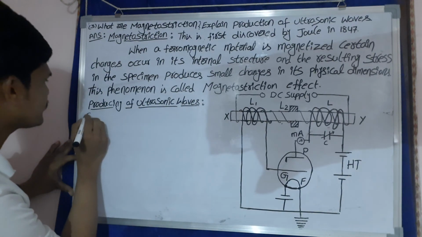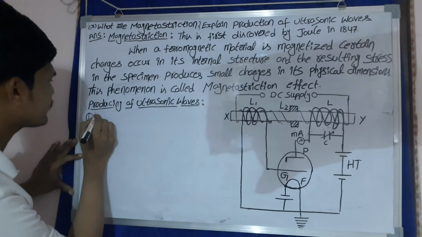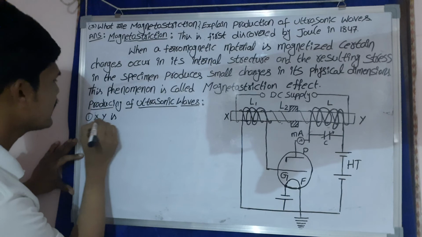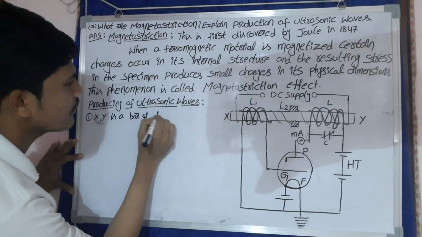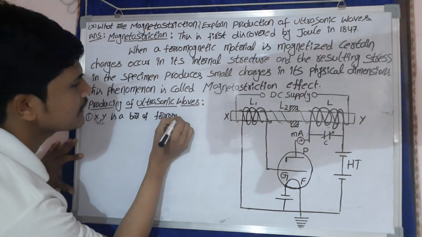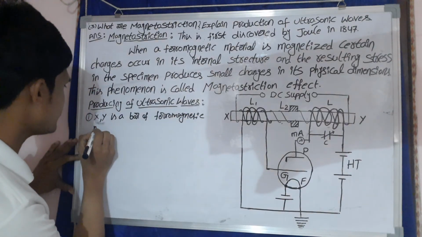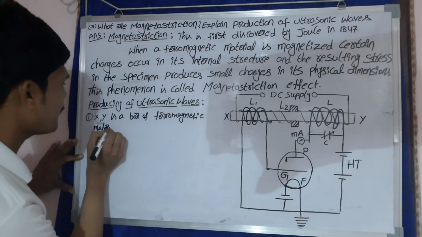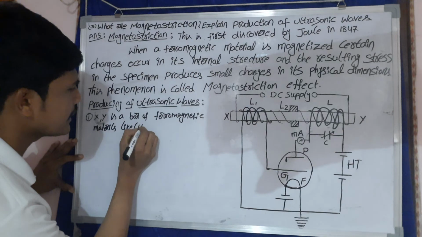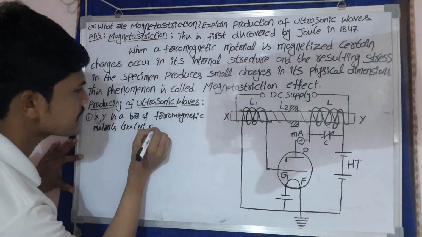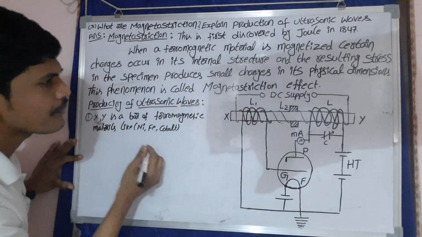First, XY is a bar of ferromagnetic material like nickel, iron, cobalt.